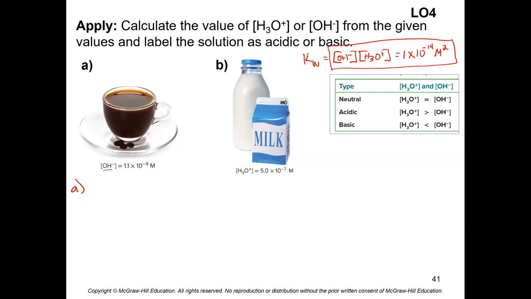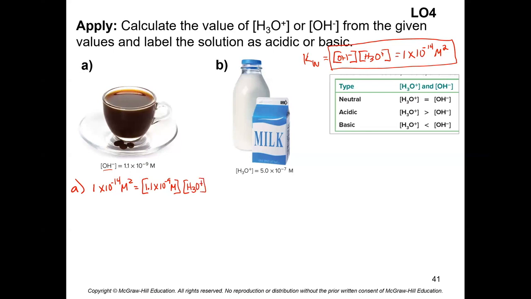Okay, so since I'm using this equation, I'm going to go ahead and plug in my Kw, which is 1 times 10 to the negative 14 molarity squared. That is going to equal my OH minus concentration. So I will put 1.1 times 10 to the negative 9 molar. And then I am solving for H3O plus.